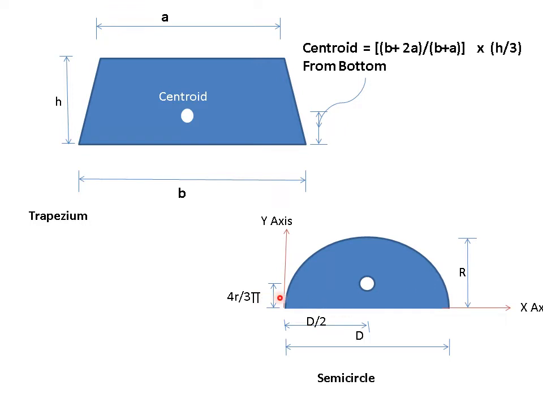That means x bar is d by 2 from y-axis, but y bar means it is the distance measured from x-axis to this point, and it lies at 4r upon 3 pi. So this distance from base to the centroid is 4r divided by 3 pi, where r is radius of the semicircle.